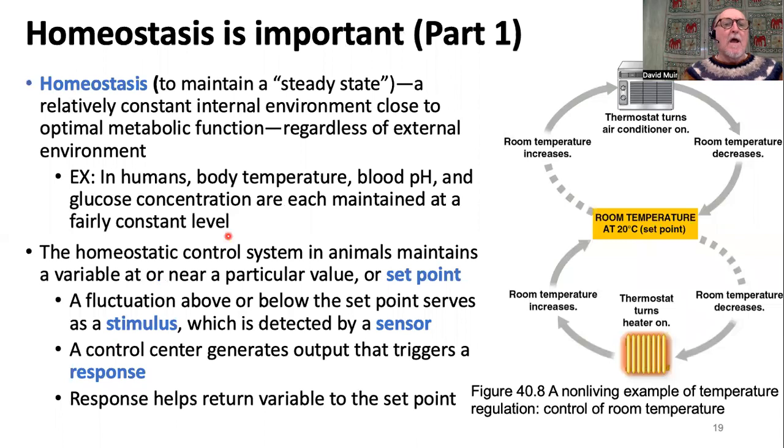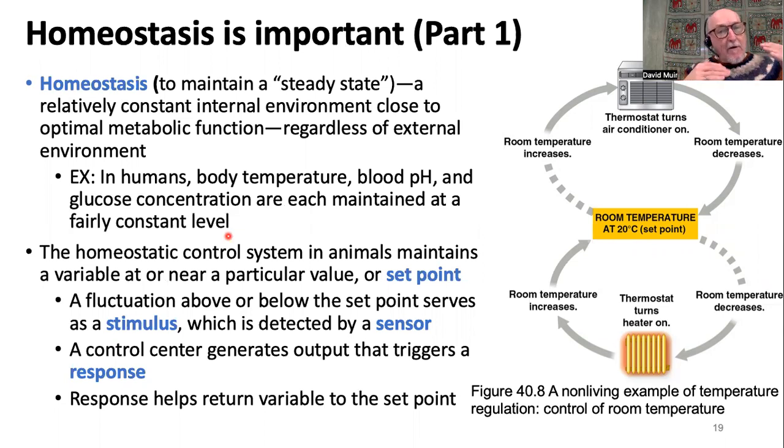So, for example, our body temperature is about 37 degrees Celsius, and that is a set point which our body monitors constantly. Likewise, we have an optimum level of glucose in our blood, which our body monitors constantly.